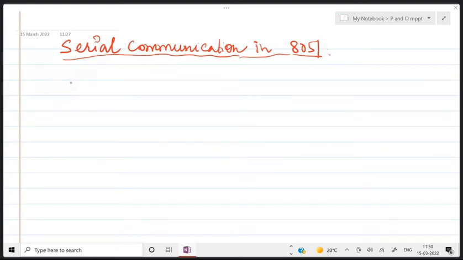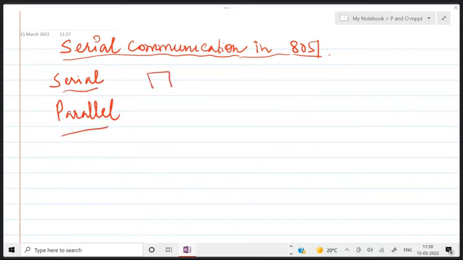Okay. So talking in plain terms, any type of transmission could either be serial in nature, or it could be in parallel.